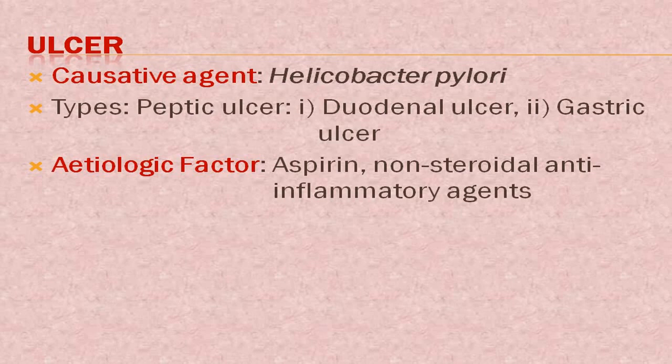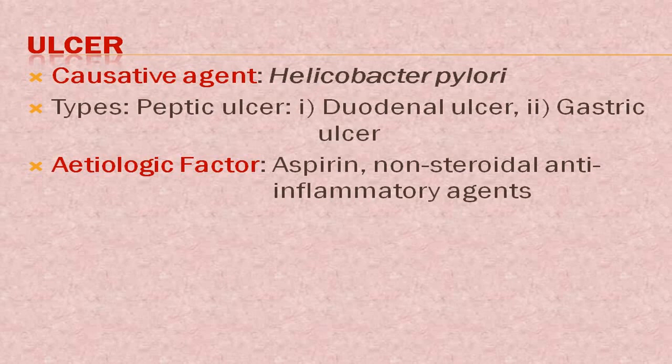Actually, in ulcer the stomach acids digest the mucosal lining of the stomach or of the duodenum. 90% is duodenal ulcer and 70% is gastric ulcer.